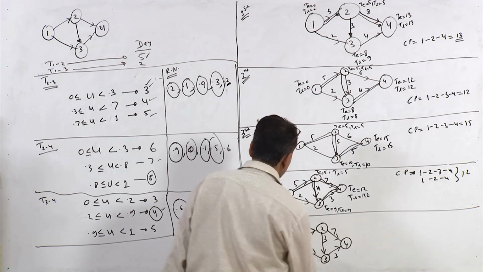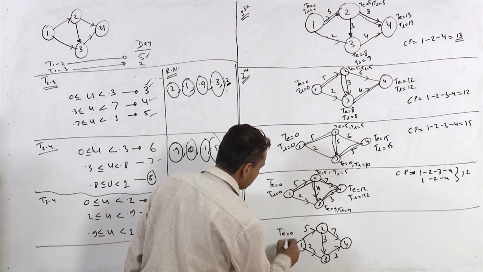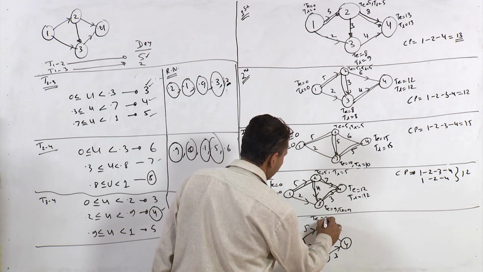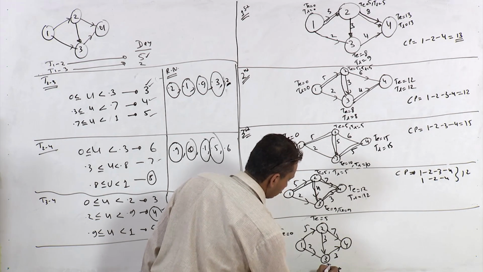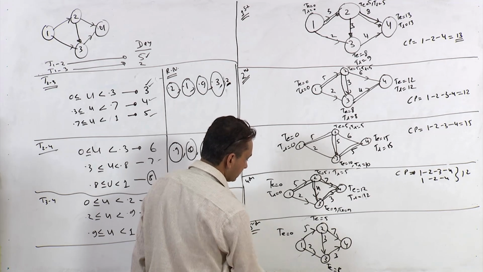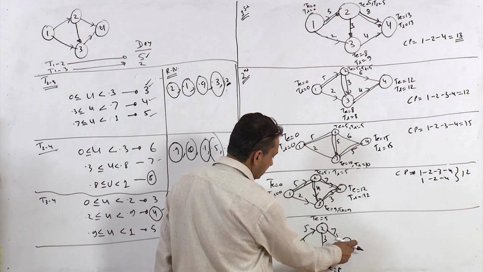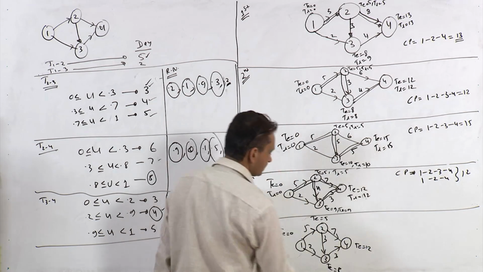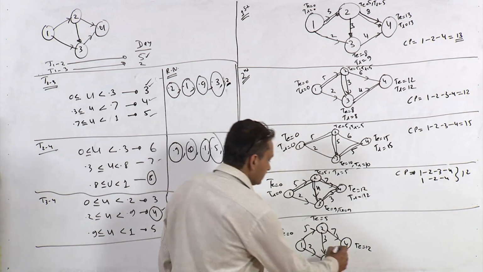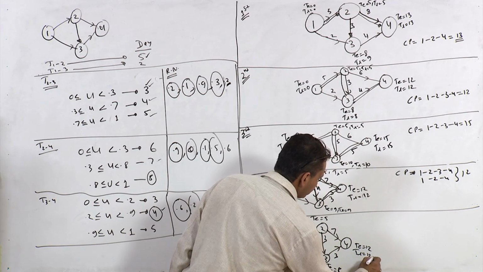So T here is 0, T is 5, T is 8, right. This 5 plus 3, 8, 8 plus 3, 11, 5 plus 7, 12. So T at this node is 12, right. TL is also 12.